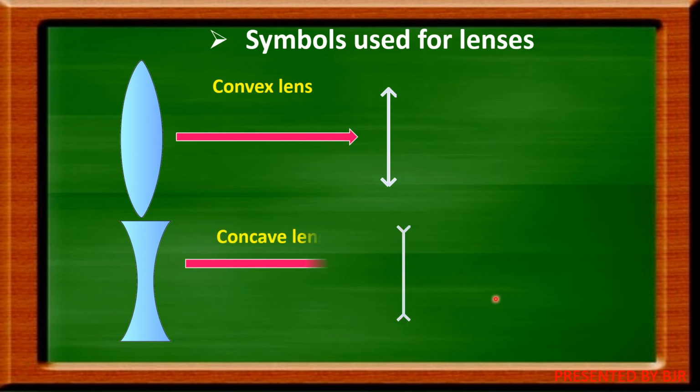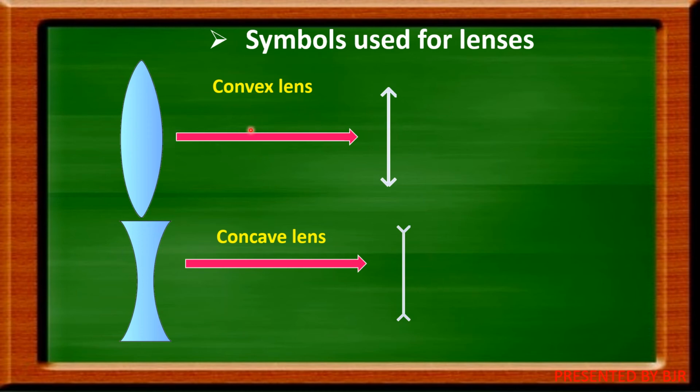So from now onwards I will use only these two symbols, this symbol for convex lens and this symbol for concave lens while drawing the ray diagrams. And I will show you the focal points in both cases by using the symbols only.